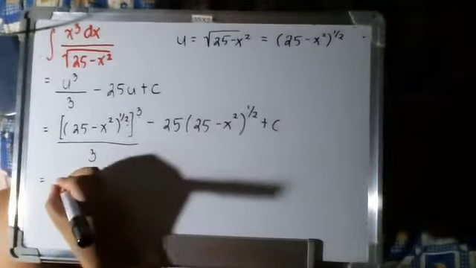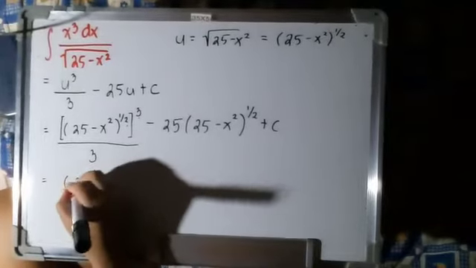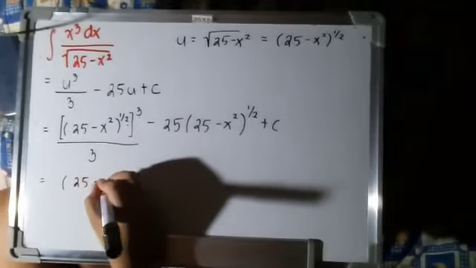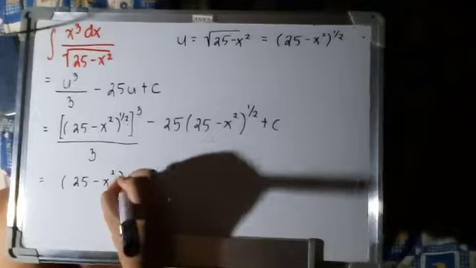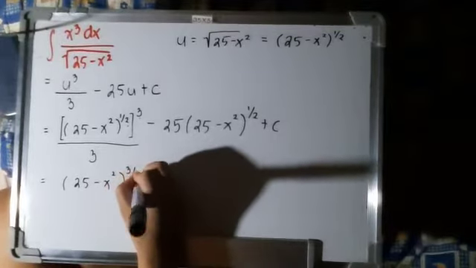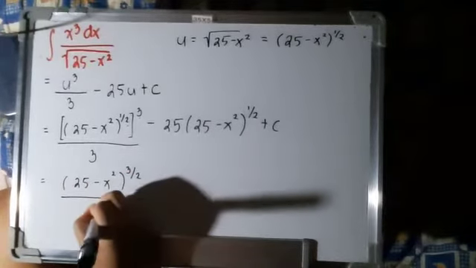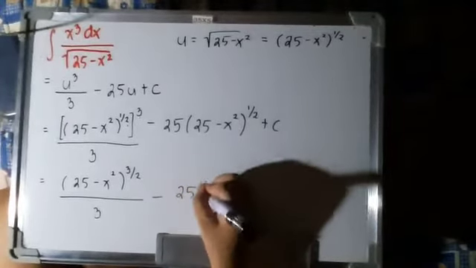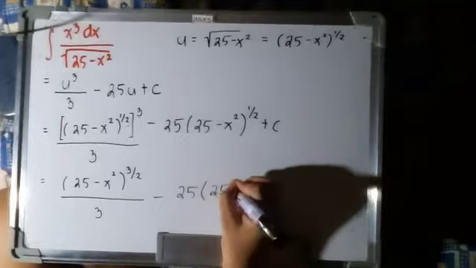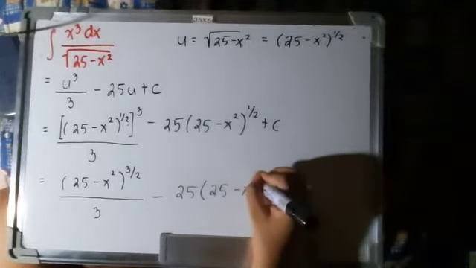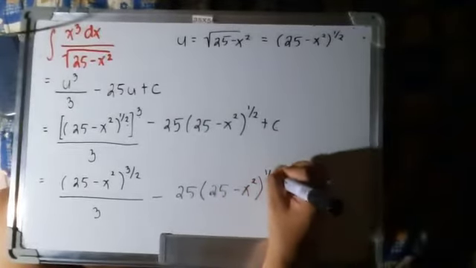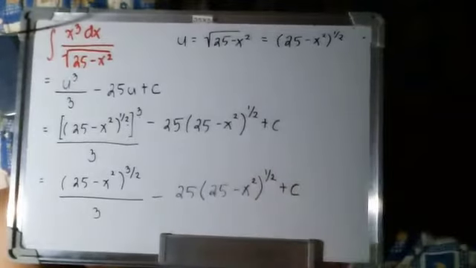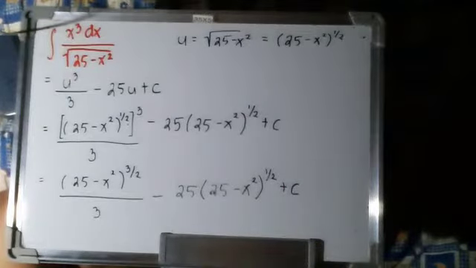So, this will be equal to quantity 25 minus x squared raised to 3/2 over 3 minus 25 multiplied by quantity 25 minus x squared raised to 1/2 plus c. Itong sagot na 'to, accepted na 'to.